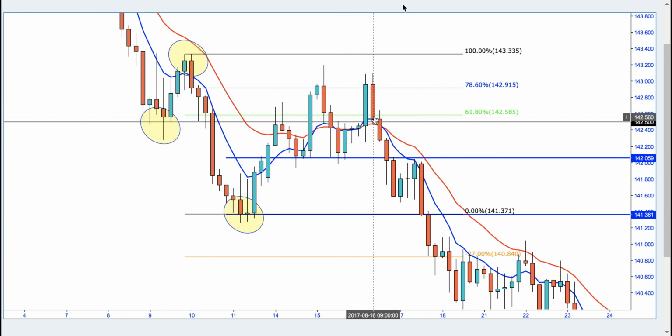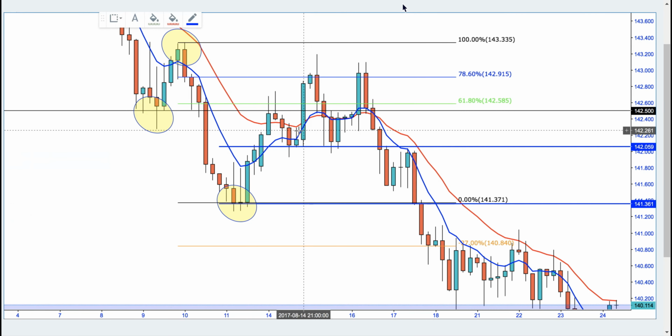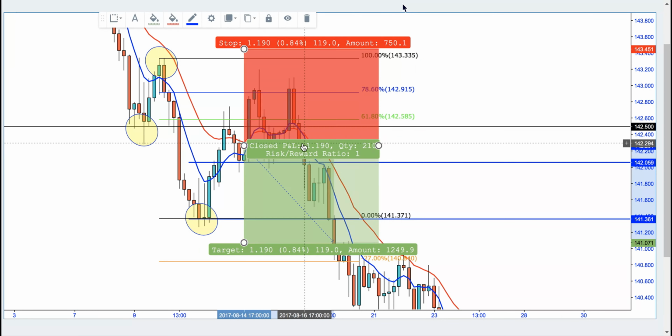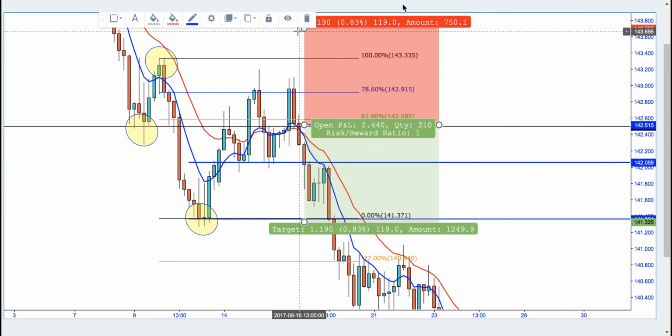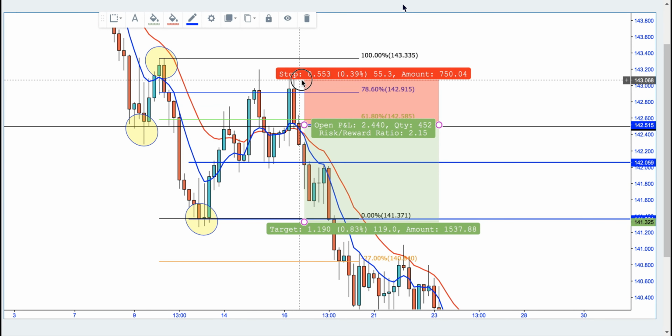There's your other entry at the bottom of that bearish engulfing. That confirms the double top formation. It confirms the second rejection of this. So your entry would have been 142.55. Stop would have been above, as I've just mentioned, 143.06.